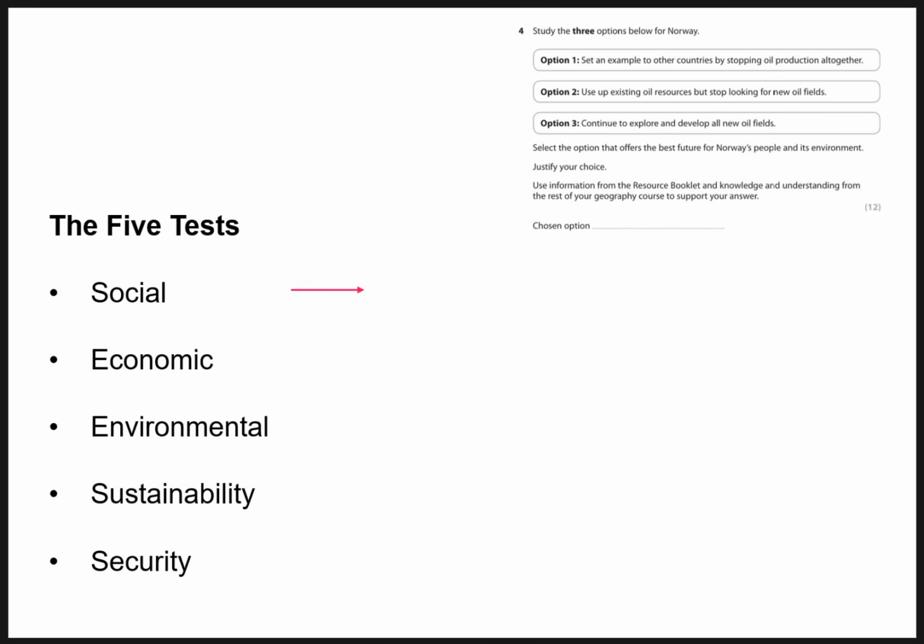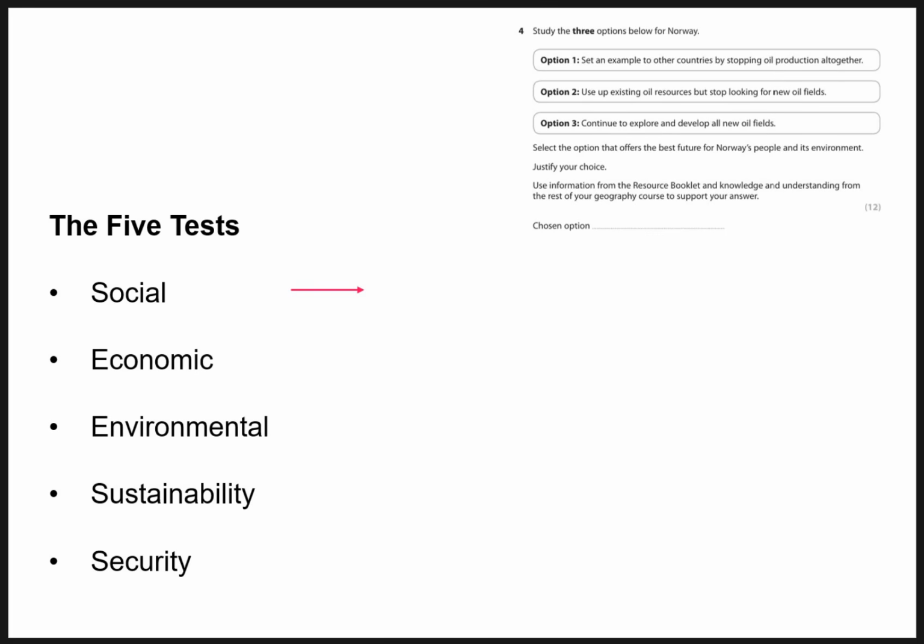The framework that we use in my school is social, economic and environmental. And of course, at a higher level now, we're on a 12 mark question, we add sustainability and security. So every option you get can be judged against these 5 criteria. And this will help you provide a more balanced geographical decision, rather than choosing just the option and just going for it.